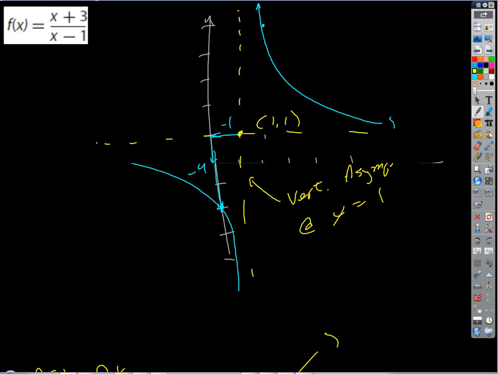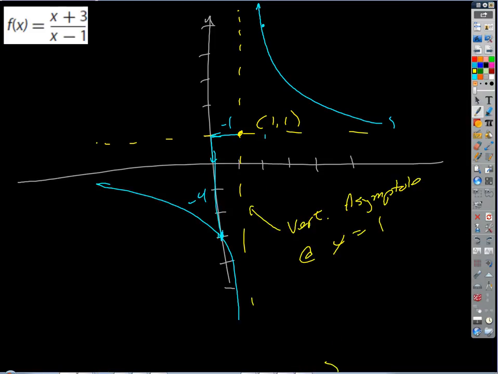What about this one, though? Is there an x value that I can't input into the function, and why? If I put 0 in, what do I get back? I'm getting back 0 plus 3, so I get 3 on top and 0 minus 1, negative 1 on the bottom. So I get back negative 3.